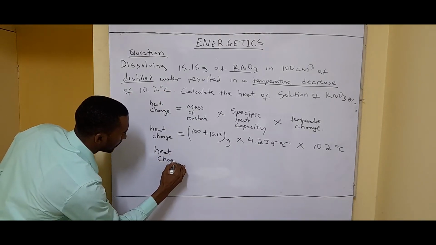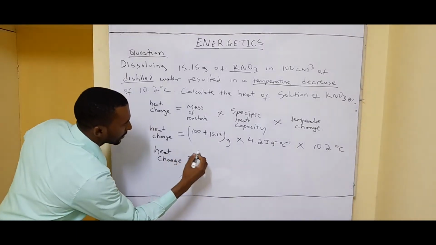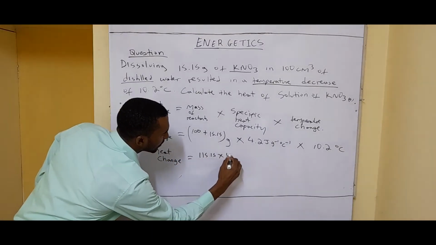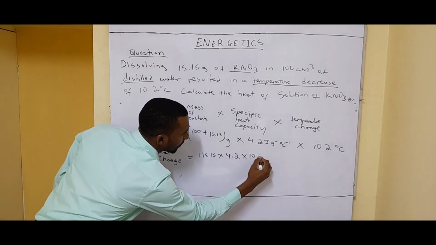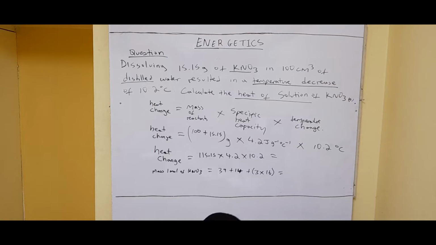What do we get for the answer here? So this is 115.15 times 4.2 times 10.2 equals 4933.